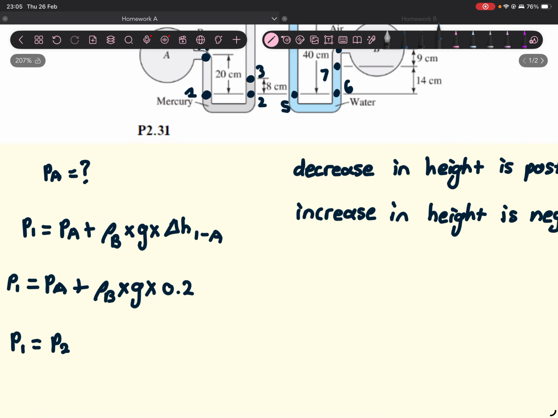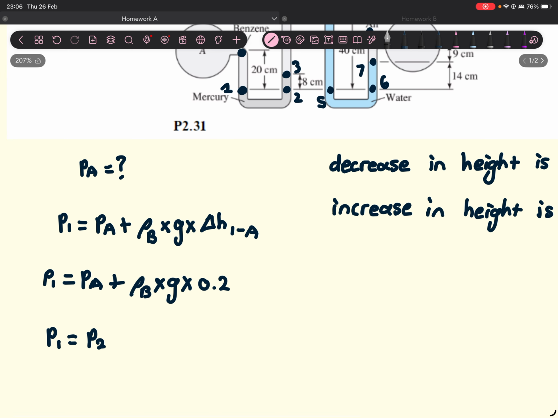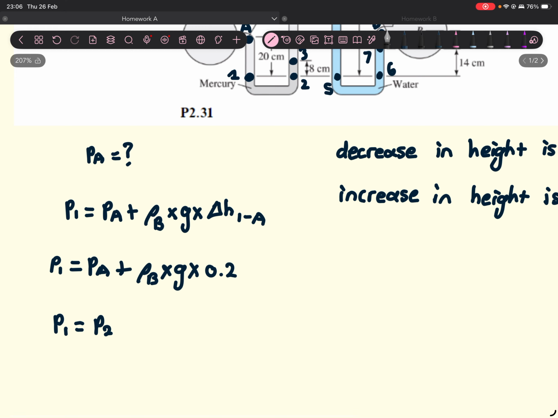The reason being is because it's the same fluid, so we have mercury at this point over here, and it's at the same height, I guess. So the pressure at 1 will be equal to the pressure at 2, okay? Because of the same height kind of thing.